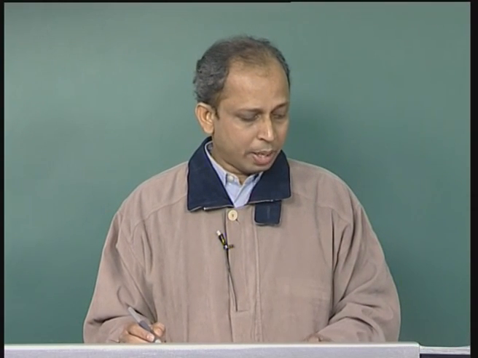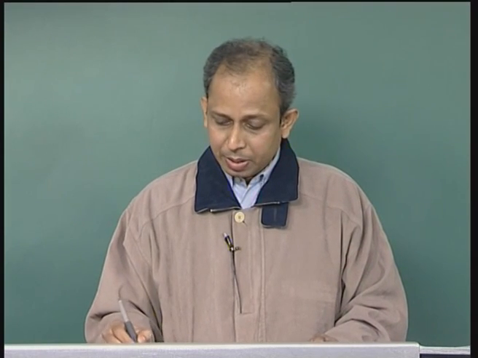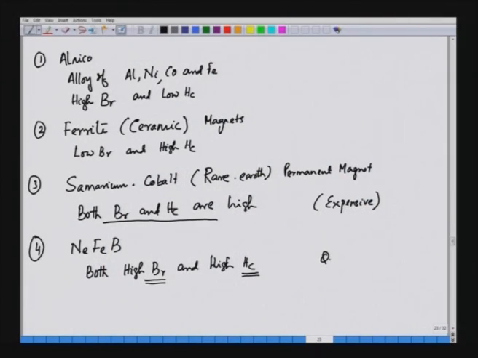The Curie point in this case is about, if you compare the Curie temperature, we can say that the Curie temperature in this case is approximately 350 degree centigrade, and the Curie temperature of samarium cobalt is approximately equal to 700 degree Celsius.